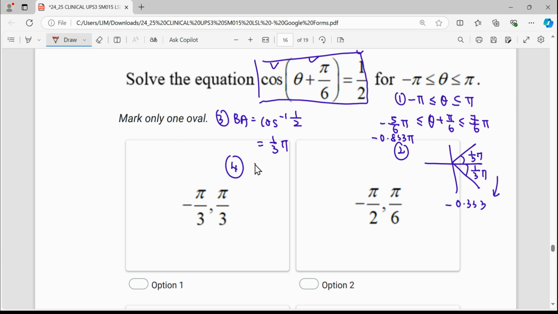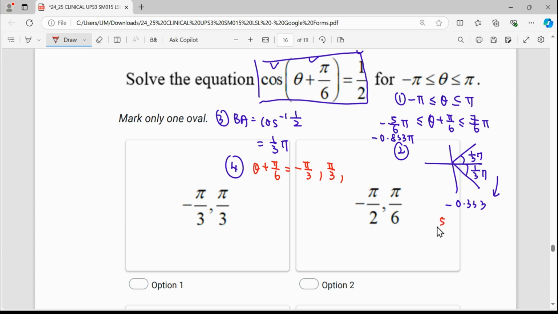So our theta pi over 6 rotation is negative pi over 3 from the quadrant 4, and then quadrant 1 pi over 3. Then we want to go for quadrant 4. So if I want to go for quadrant 4, we need to take 2 pi minus the basic angle 1 over 3, which is 5 over 3.